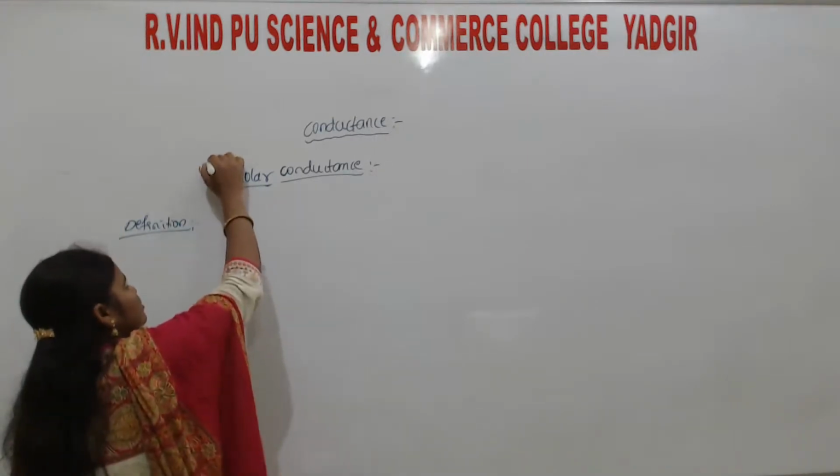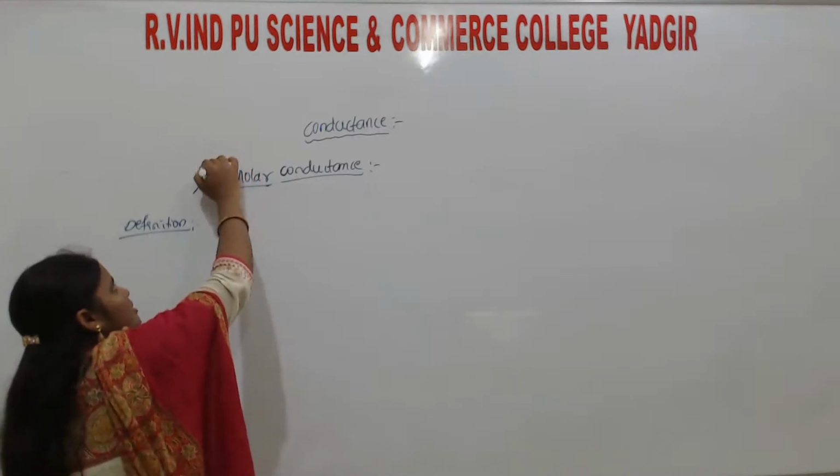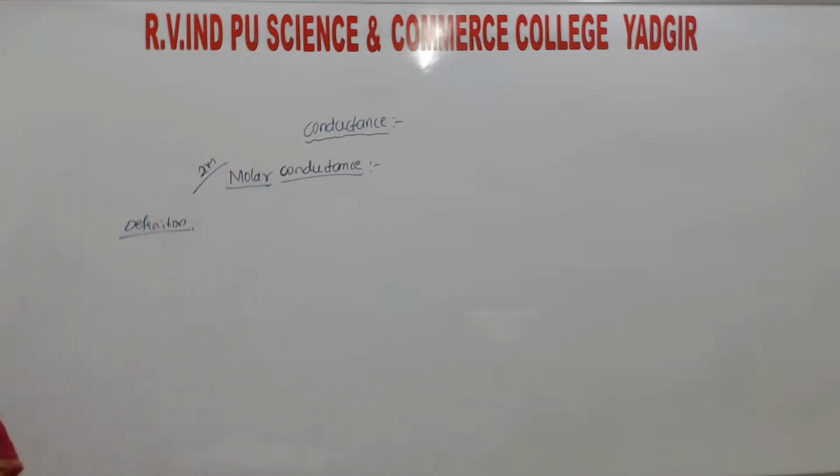This is a 1 mark question: molar conductance, specific conductance, equivalent conductance. Molar conductance is defined as the conductance of the solution obtained by dissolving 1 mole of the electrolyte in water.